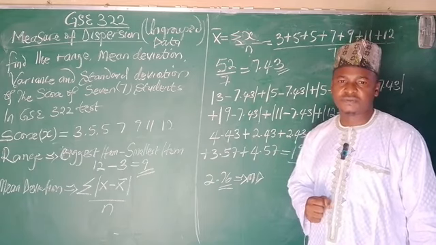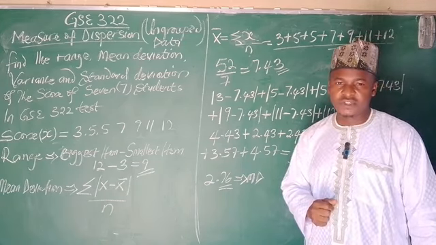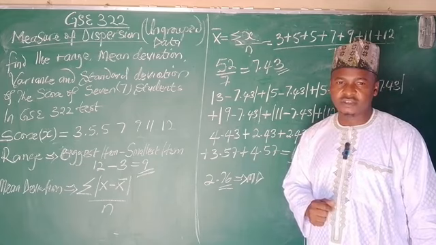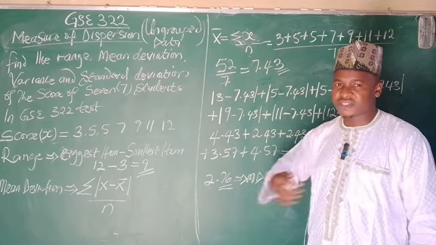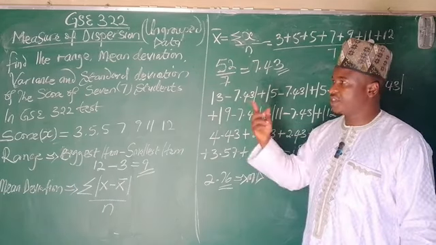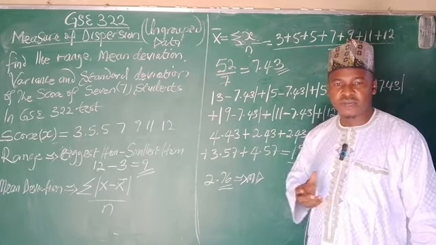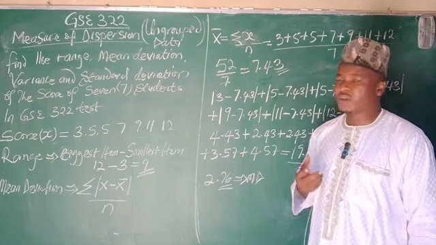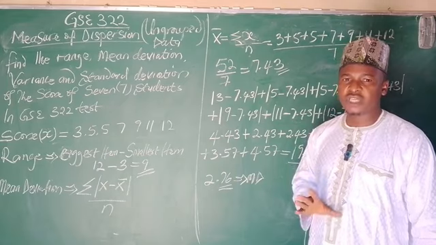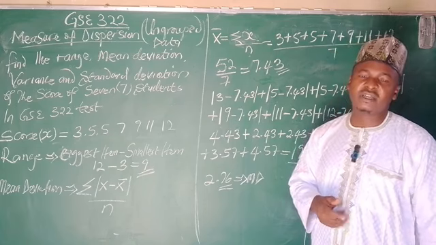of Education. In today's lecture, being the 7th lecture, we want to continue from where we stopped in the 6th lecture. In the 6th lecture, we introduced the meaning of measure of dispersion, and we also gave the condition under which we are going to use ungrouped data or grouped data.